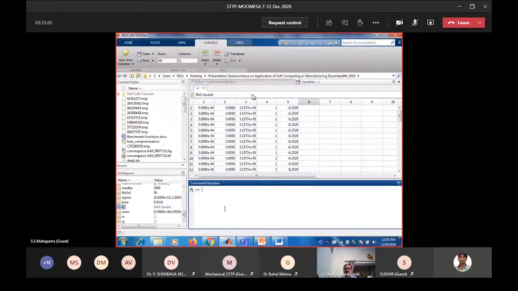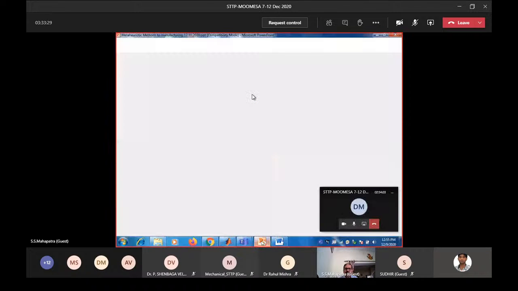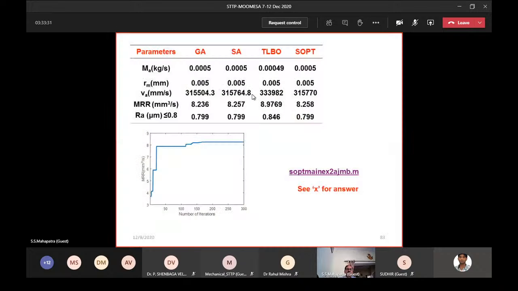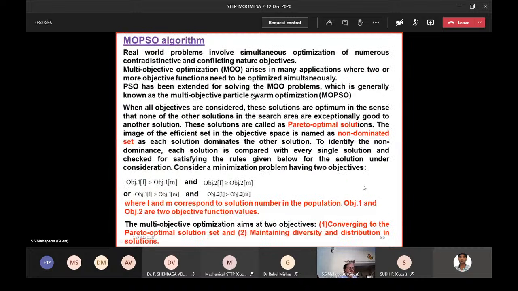So we have come to various types of problems that can be solved using different algorithms. Now come to multi-objective optimization.